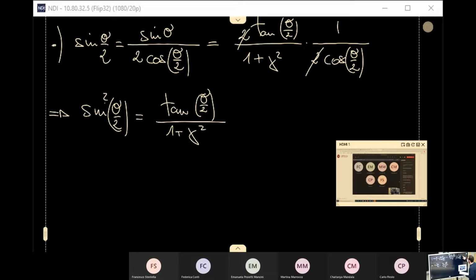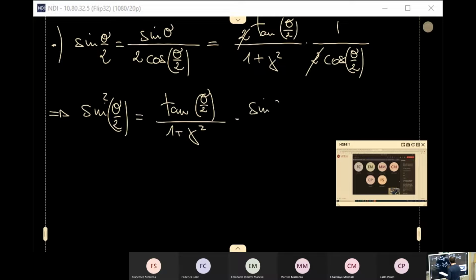Now I should basically multiply also the right-hand side by sine of theta divided by 2, right? If I multiply here on the left by sine of theta divided by 2, I have sine squared. I do the same on the right, okay? If I do the same on the right, what do I get?